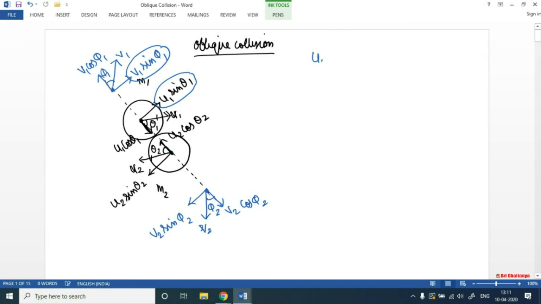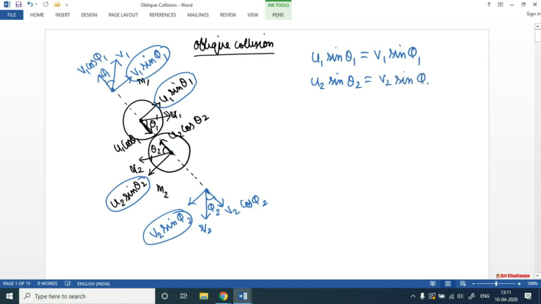So u1 sine theta 1 will be equal to v1 sine phi 1, and similarly for body 2, u2 sine theta 2 is equal to v2 sine phi 2. So the perpendicular components of velocity after the collision are very easy to get.